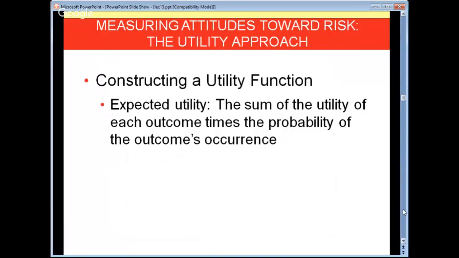So we want to construct a utility function. Our expected utility is going to be very similar to our expected profit, except we add up the utilities and not the profits. Each profit will give us a certain amount of utility, and instead of adding up the profits, we add up the utility. So expected utility is the sum of the utility of each outcome times the probability of the outcome's occurrence.